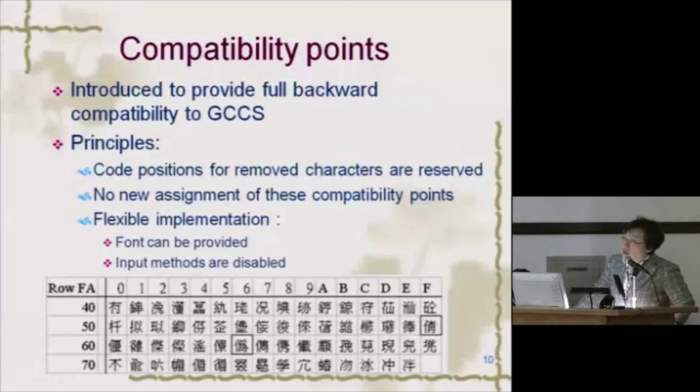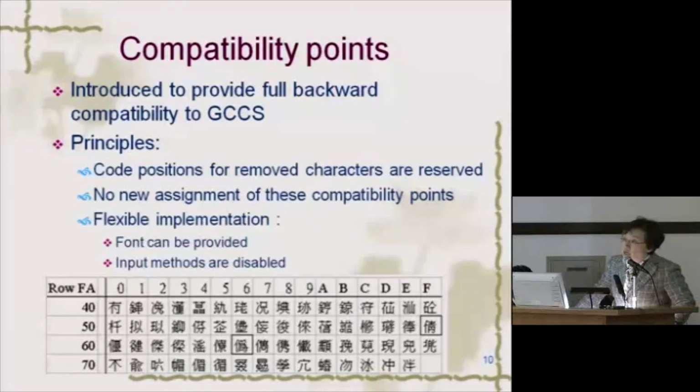No matter how wrong they are, if someone else is using that with a defined purpose and you overwrite it with something else, you can create data inconsistency. So because of that, we removed the characters in principle. However, we did not reclaim the code points for those characters.